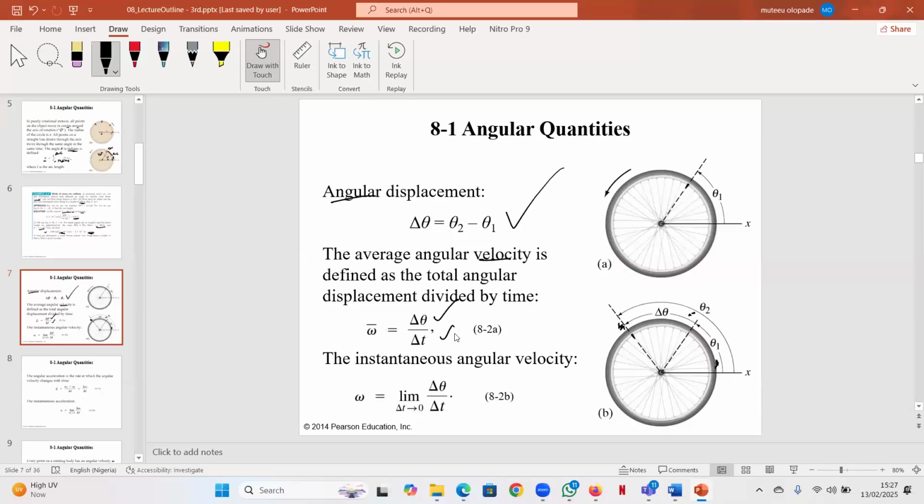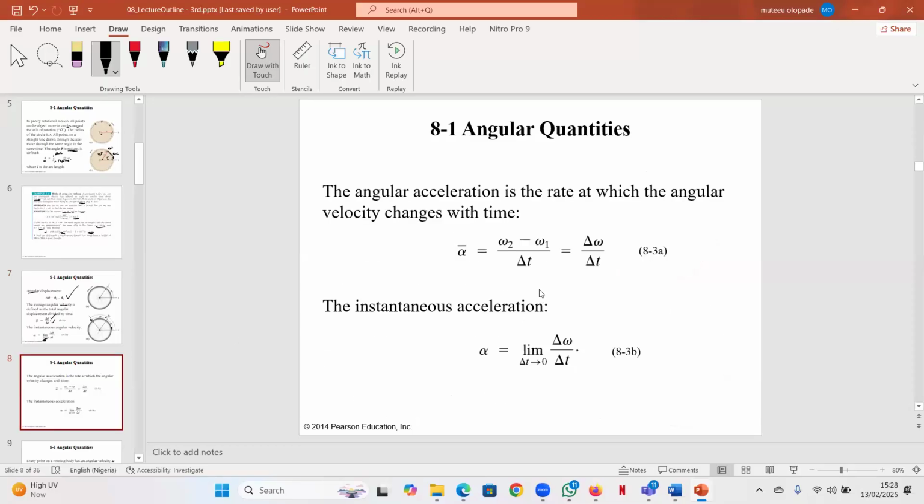But if we are talking about instantaneous angular velocity, then there must be a limit. Any question? No, sir. So what we are dealing with now is rotational motion, which deals with angular displacement.